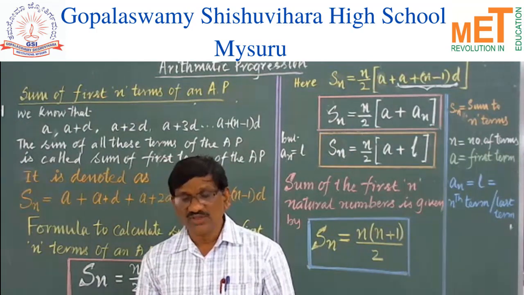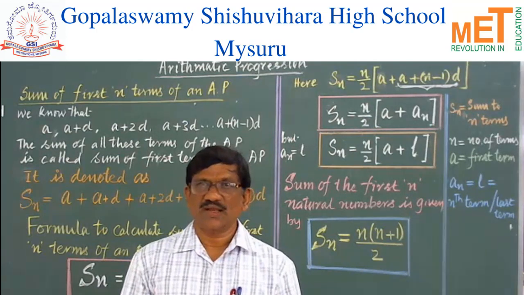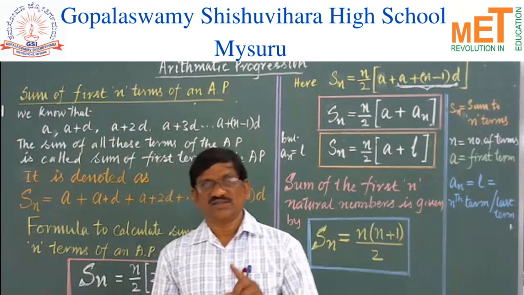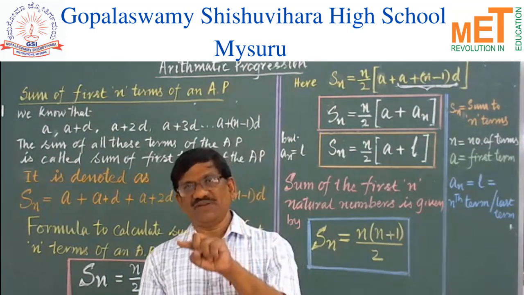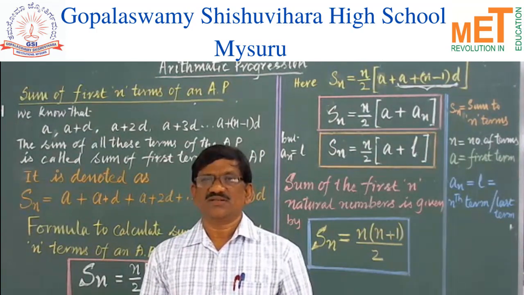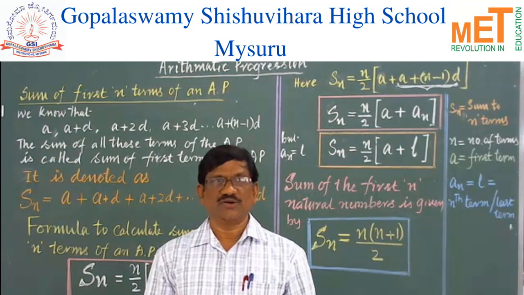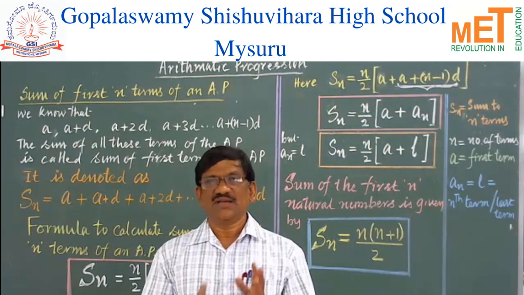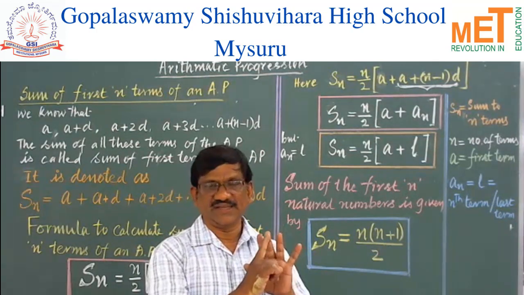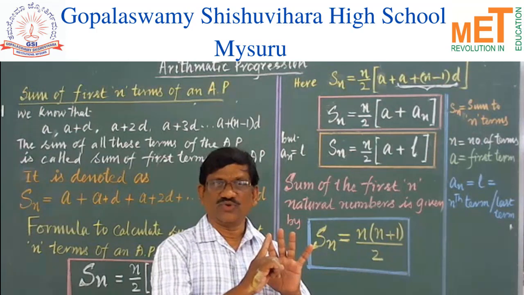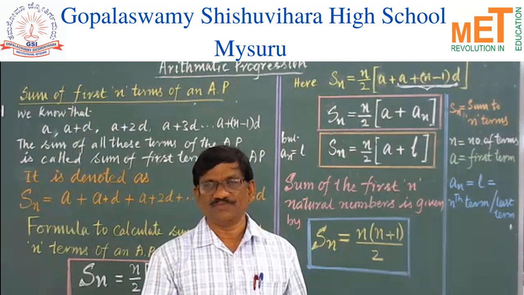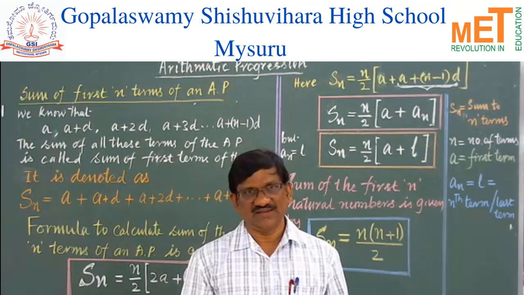To find out the common difference of the terms, we subtract a given term from its next term. As you know, the terms of the arithmetic progression are denoted: first term by A1, second term by A2, third term by A3, fourth term by A4, etc. The last term, maybe the nth term, is denoted by An, isn't it?